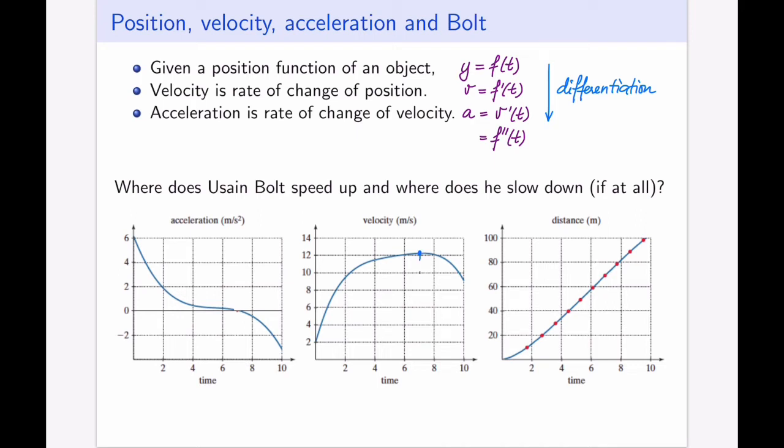And then after that point, the runner seems to actually be dropping his velocity, right? So at this point right here is where the change happens. Up until now, he speeds up, and then after this point here, he starts to slow down.